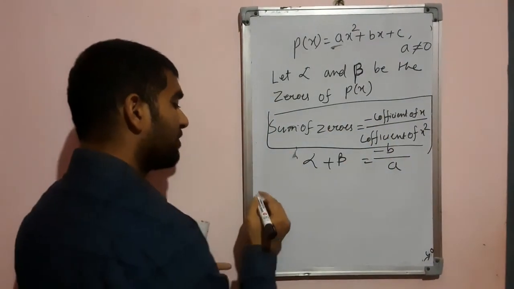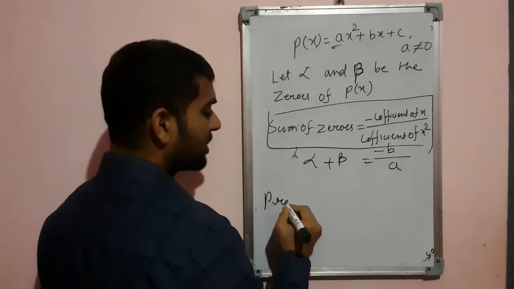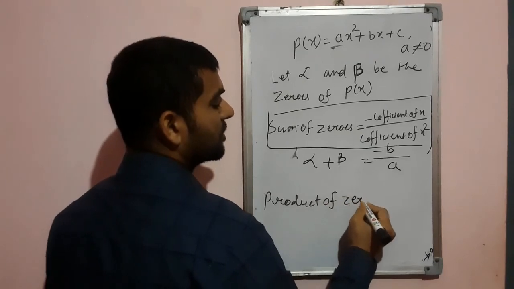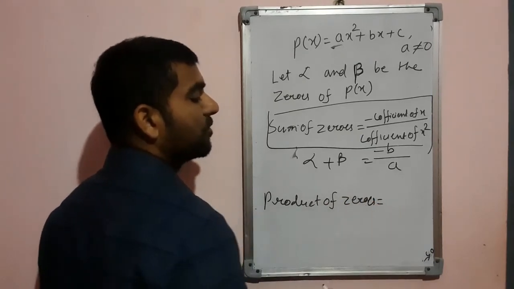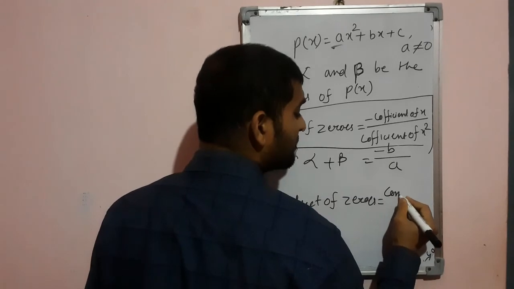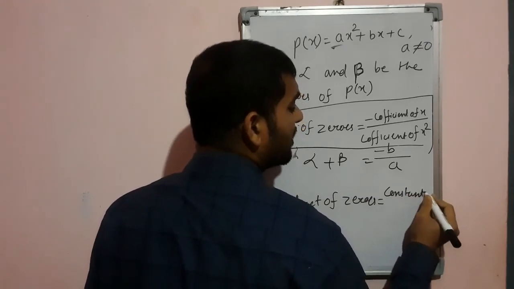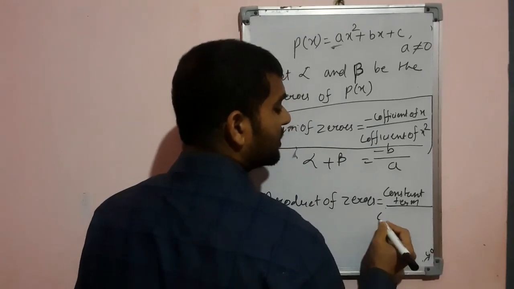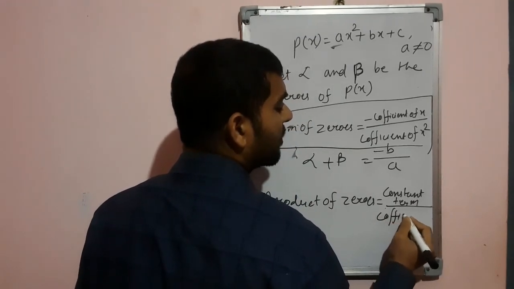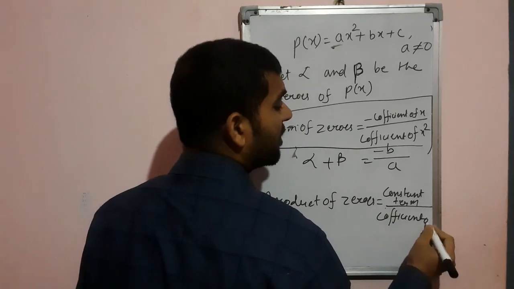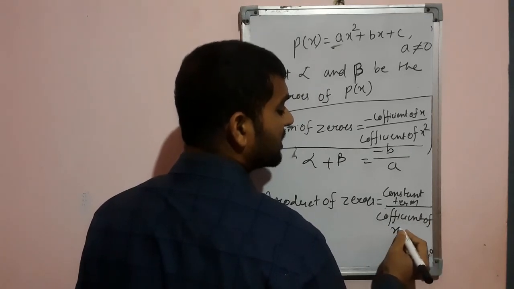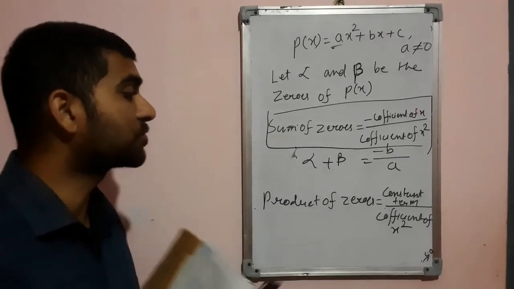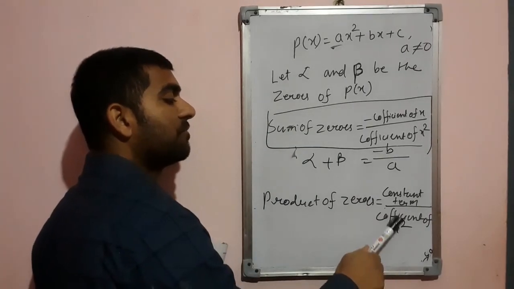Next, one more thing we have to find, that is the product of zeros. Write down the formula. What is the formula? Constant term by coefficient of x square. So this is the second formula. What can you write? Product means alpha into beta. Product is implied multiplication. So alpha into beta will be, the constant term we are writing as c, by coefficient of x square, which is a. So this way we can find the product. The formula is constant term by coefficient of x square.